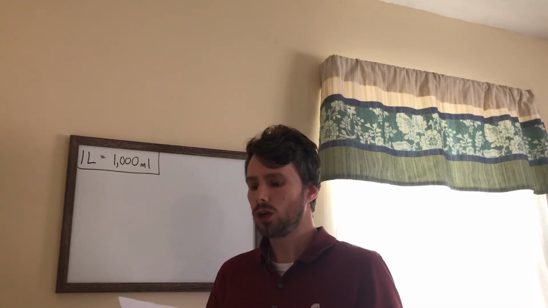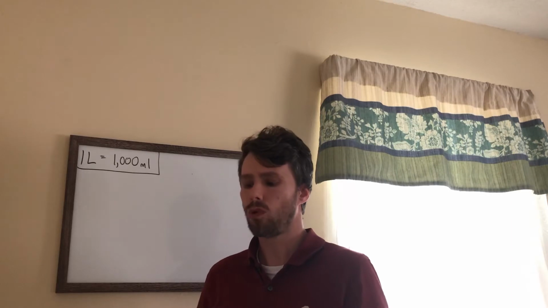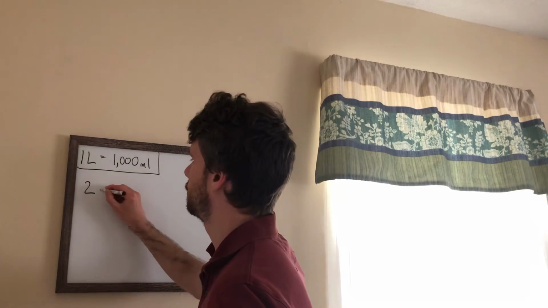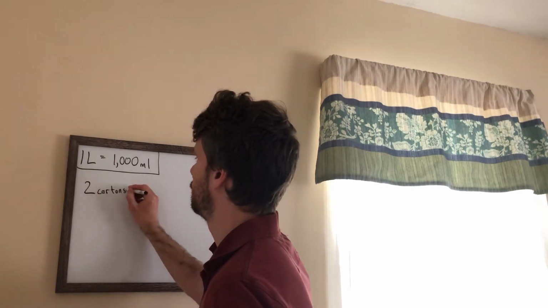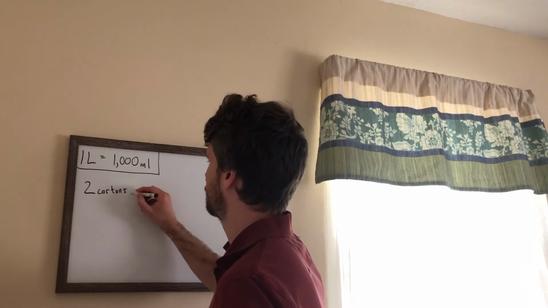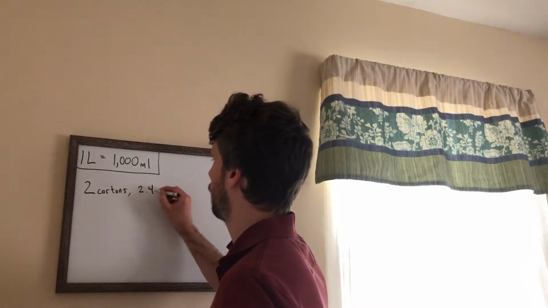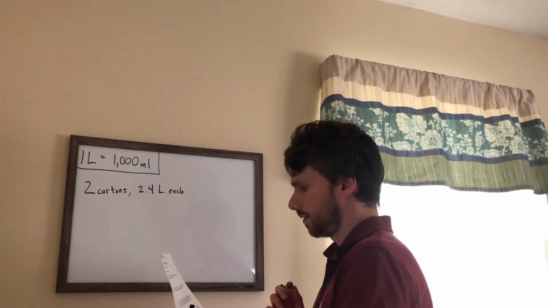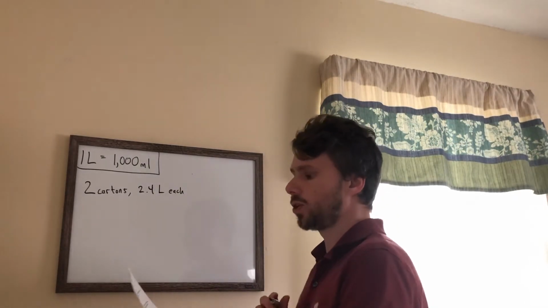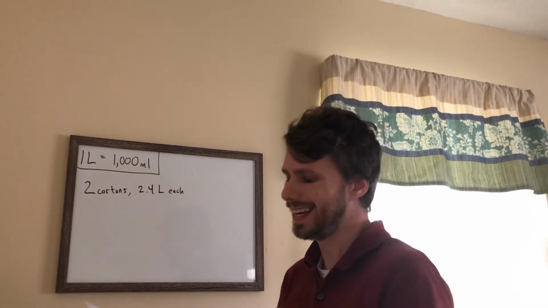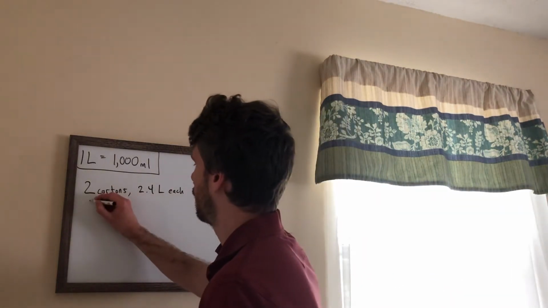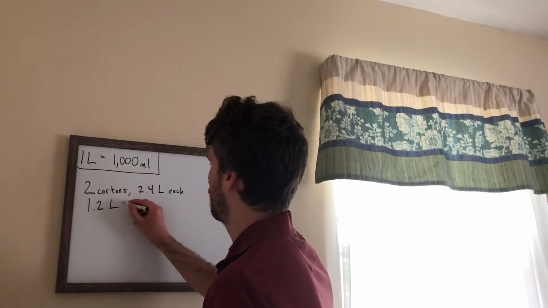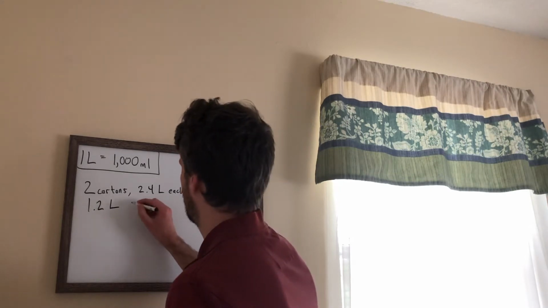Mrs. Jackson bought 2 cartons of milk, which are 2.4 liters each. Two cartons, 2.4 liters each. Her 3 children finished 1.2 liters on Monday. Okay, 1.2 liters.